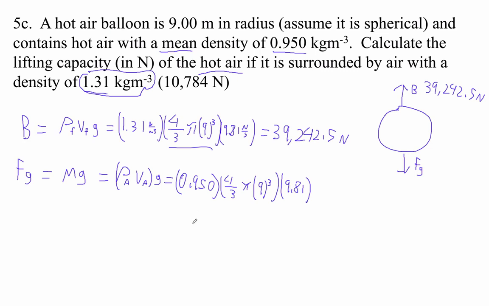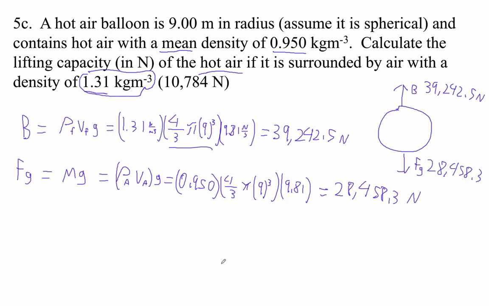Basically I can do the same equation I just did, only I'm going to replace the 1.31 with 0.95. And I get that the force of gravity is 28,458.3 roughly.